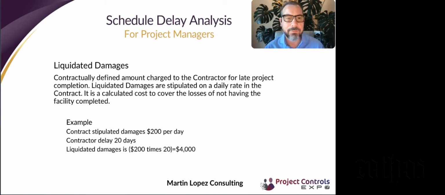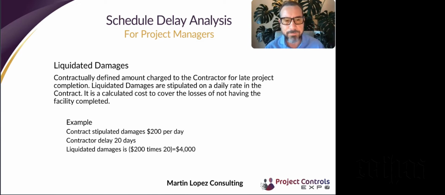We also have liquidated damages, which is an amount that is charged to the contractor, typically by day, by the number of days of delay. When the contractor, for example, is responsible for a delay, there's typically a stipulation on the amount of fees that are charged to the contractor for finishing late.